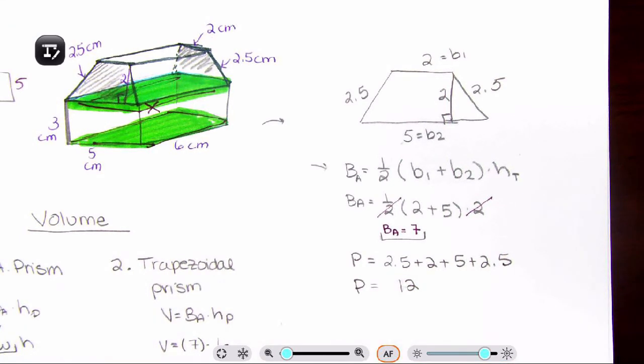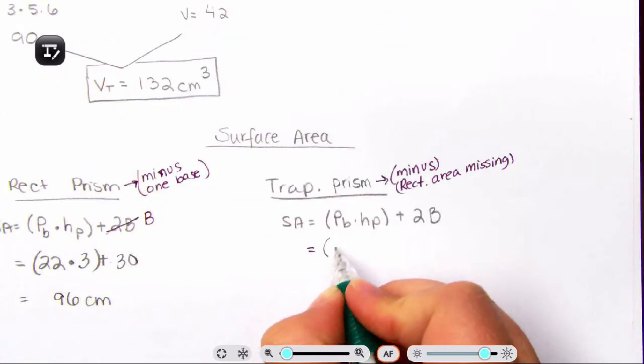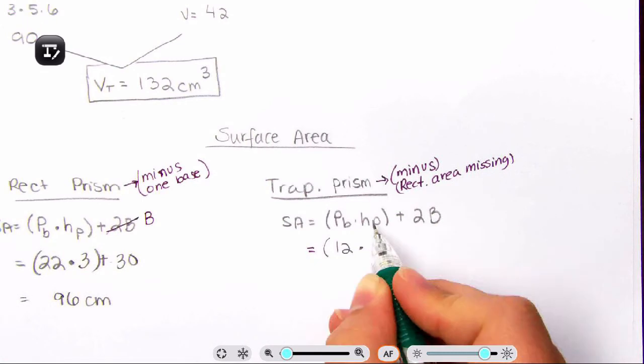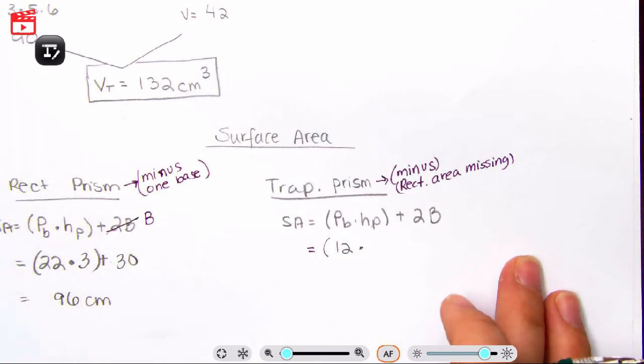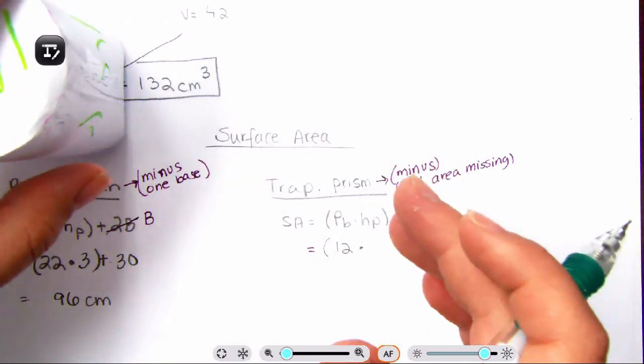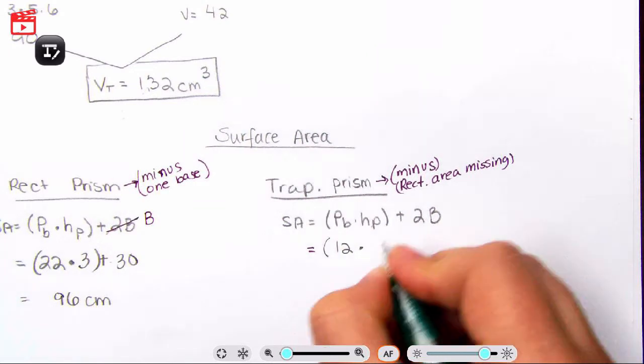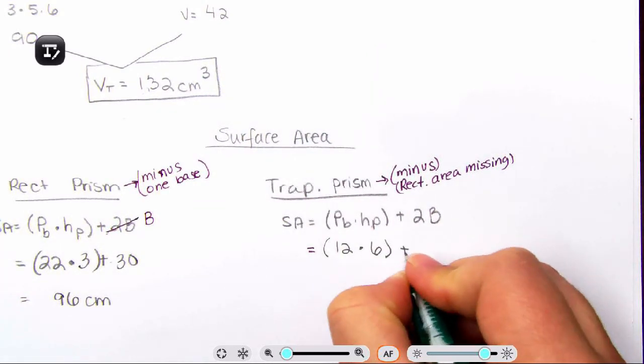That is my perimeter. So now I have my base area and I have my perimeter. Perimeter we said was 12. The height of the prism is taking that trapezoid, putting it on the bottom, and then this is your height. So the height is still 6, plus 2 areas of the bases.